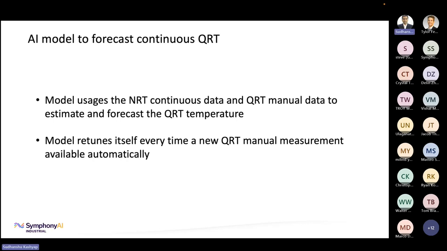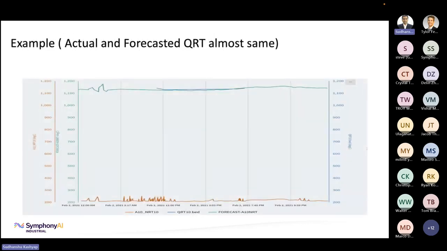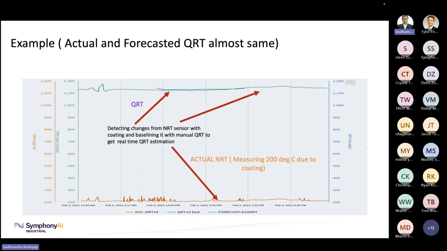And so you see here an example where one of the sensors, the actual NRT, is giving a temperature of 200 degrees centigrade, which is completely false. Kiln temperature can never be 200 degrees centigrade. This thermocouple has heavy accretion coating on it, and that's why it is giving a very low reading. But you can see that the actual QRT is around the 1100 range.